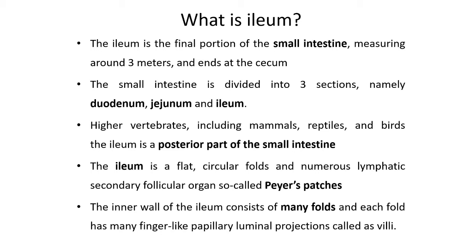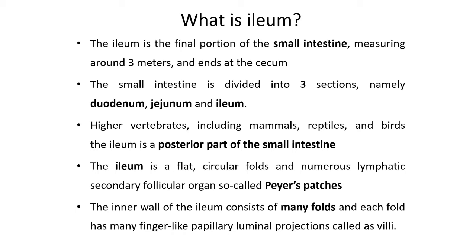The small intestine part ileum has flat circular folding having numerous lymphatic secondary follicular organs called Peyer's patch. So Peyer's patch is a peculiarity of ileum.